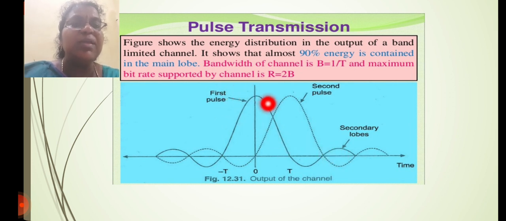The figure also shows the energy distribution in the output of a band limited channel. It shows that 90% of energy is contained in the main lobe. The bandwidth of the channel being B equal to 1 by T, the maximum bit rate supported by the channel is R equal to 2B.